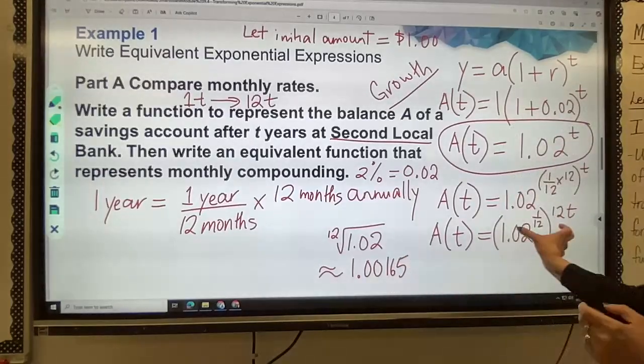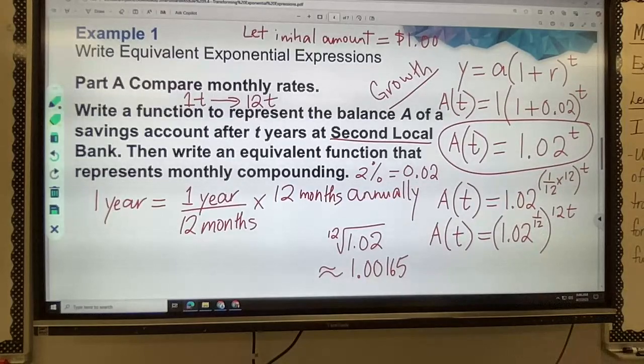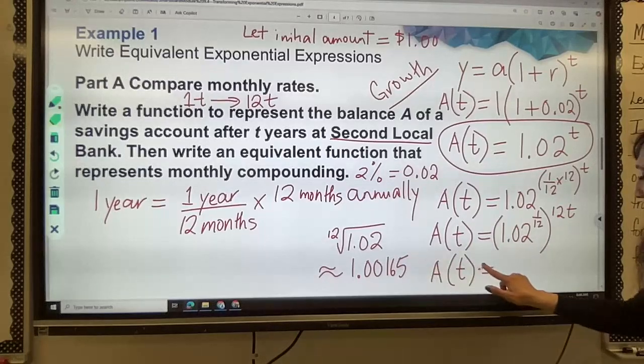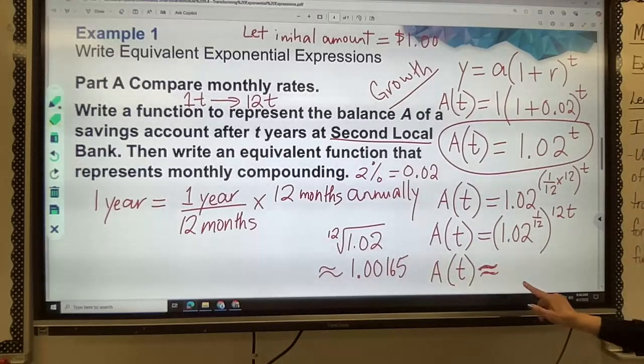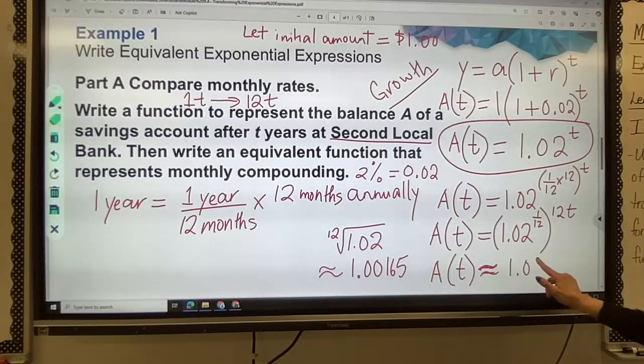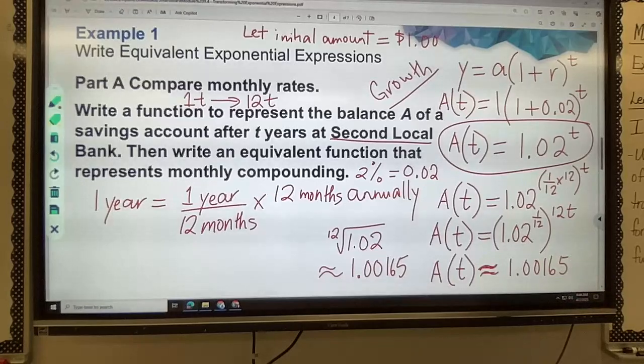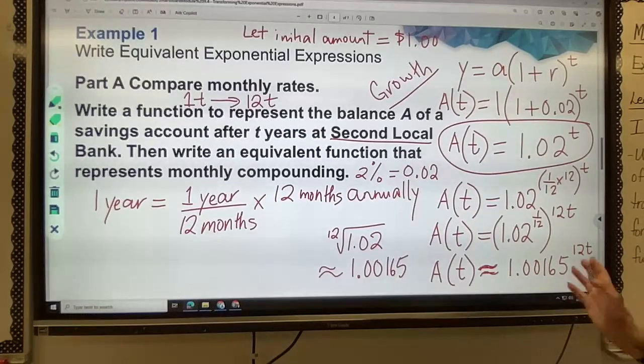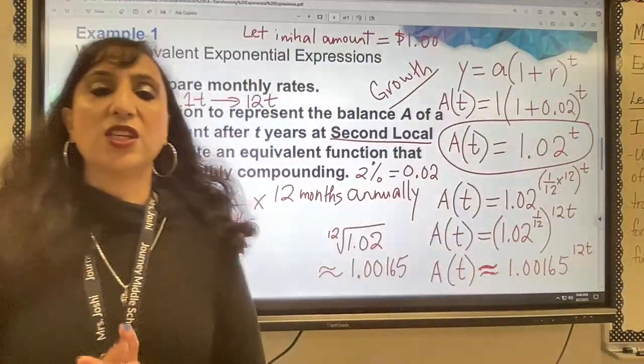So when I do this part, I get this. And so therefore, it's approximately 1.00165, and I have the exponent 12t, and that's what I was trying to get to.